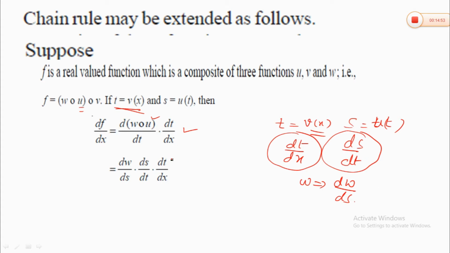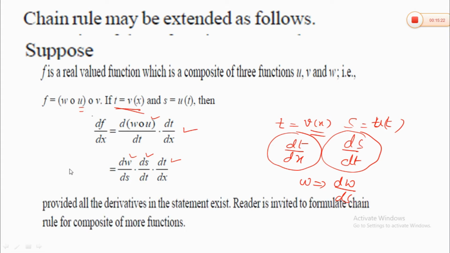This is the derivative of v, this is the derivative of u, and the derivative of w is dw by ds. Therefore df upon dx is given by dw by ds into ds by dt into dt by dx. In this way we can solve problems concerning composite functions. It is better to apply the chain rule when the given function is a composition of more than three functions.